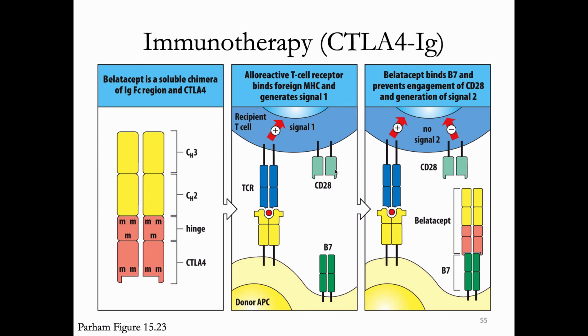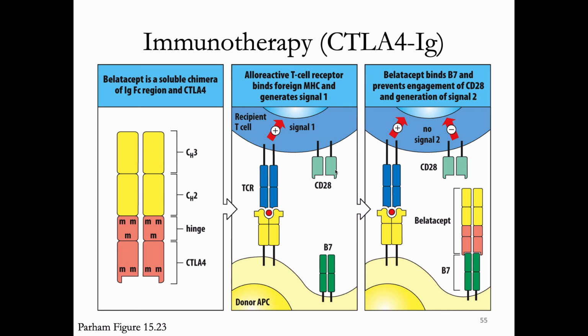It is engineered so that it actually has part of the antibody heavy chain. It's not just CTLA4 by itself. Normally our T cells get turned on. This molecule, however, binds to B7 so that our T cell can never get turned on, and we're anergizing our T cells. And so again, this is a little bit more specific.